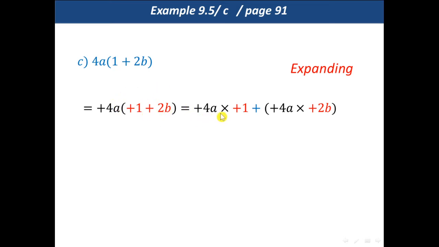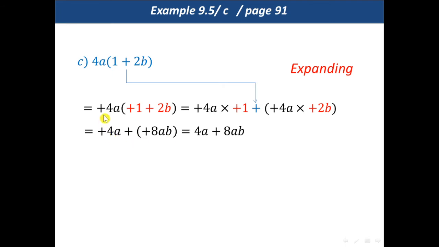Equals plus 4a multiplied by plus 1, plus join. This is the join, but after it you have to open a bracket: plus 4a again multiplied by 2b. Then plus 4a plus 4ab. Where does the 4ab come from?